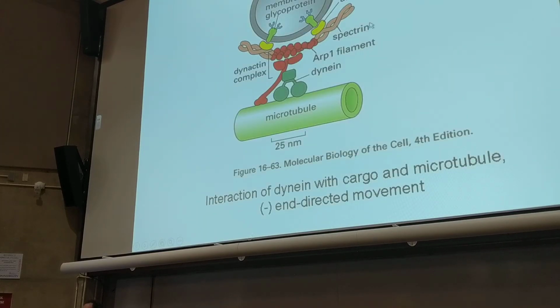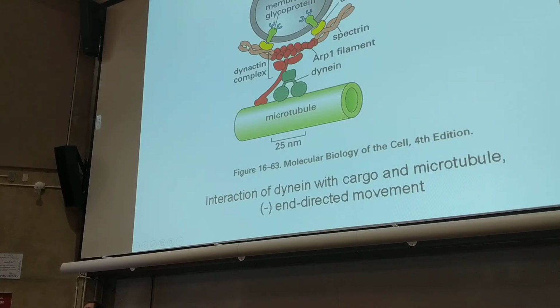Here you can appreciate how complex this can be, and this is a simplified version of the dynein complex that goes towards the minus end of the microtubule. So this is dynein, and it associates or binds strongly to another set of proteins and subunits.